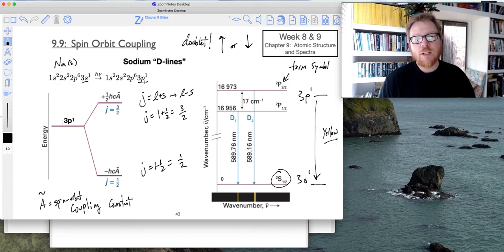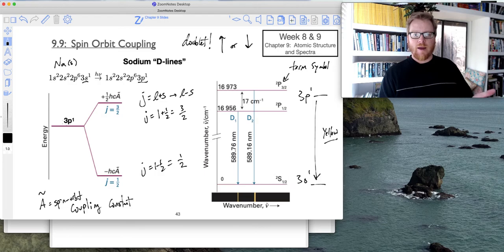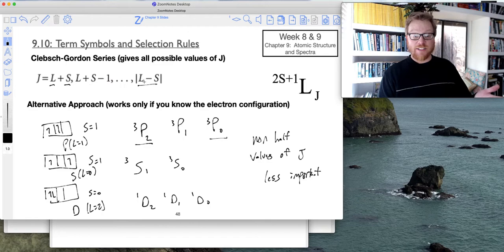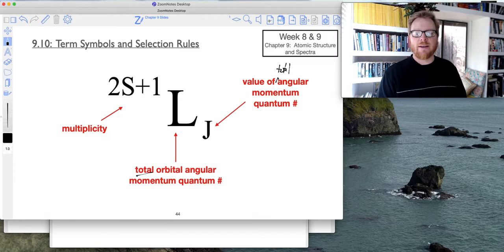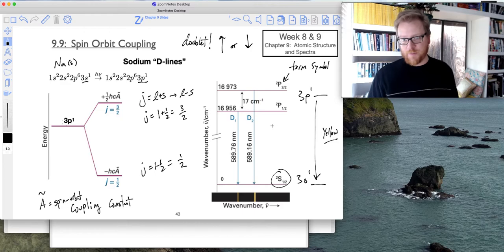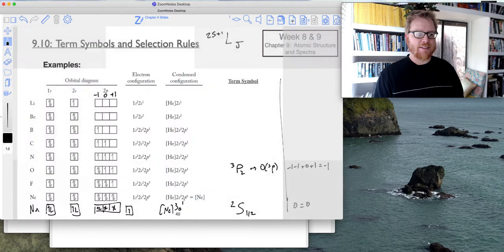Because it's a 3p1, now my L is equal to 1, which gives me the capital P. It's still a doublet, and remember, J takes on all values from L plus S all the way down to L minus S. That's where we get the doublet P 3/2 as possible and the doublet P 1/2 as possible. Okay? So moving on, more examples.